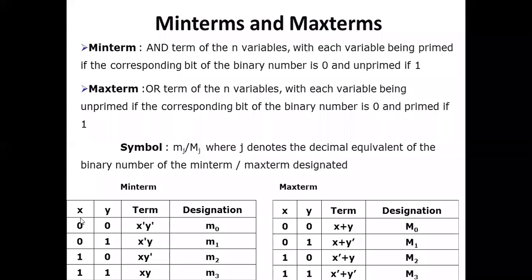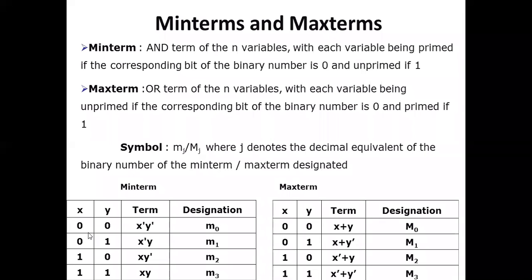If you look at this, for x and y, the min term for the value 0, 0 is x dash, y dash. It's primed mainly because the bits are 0. Since y is 0, y is primed. So x dash y dash is the min term corresponding to the 0, 0 value of xy.